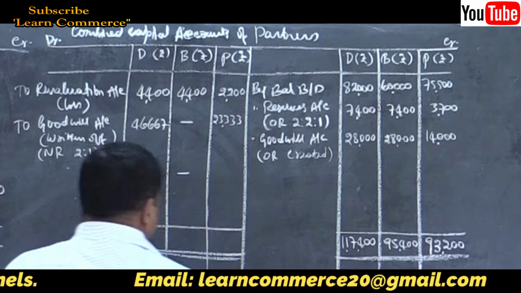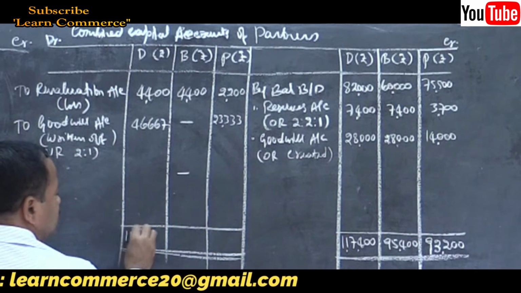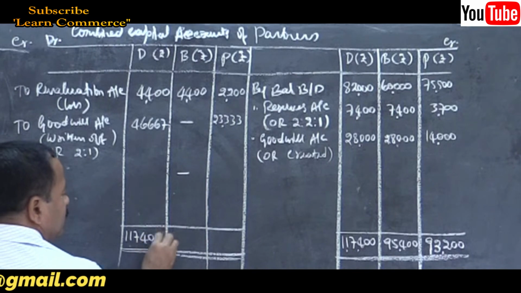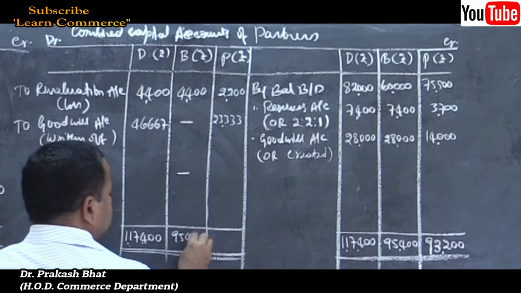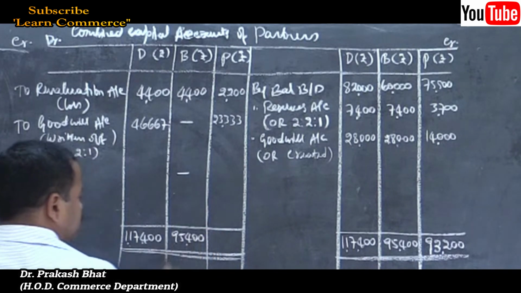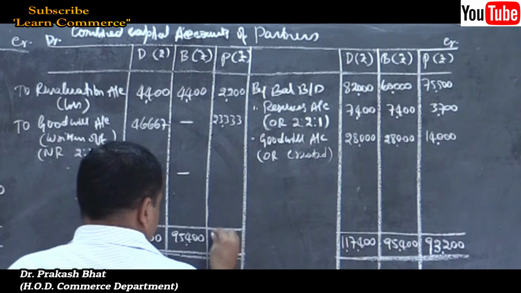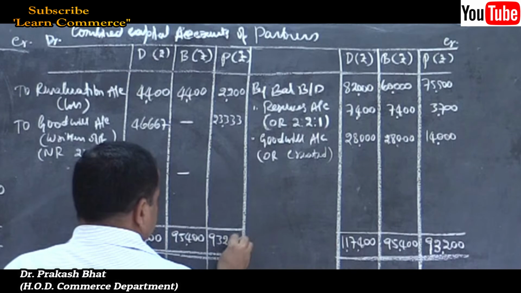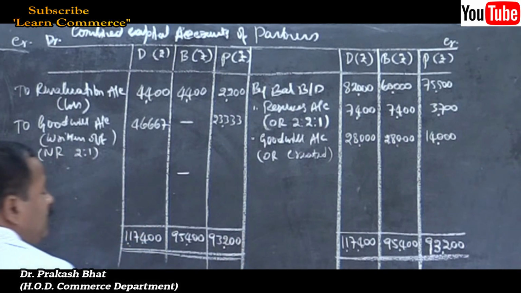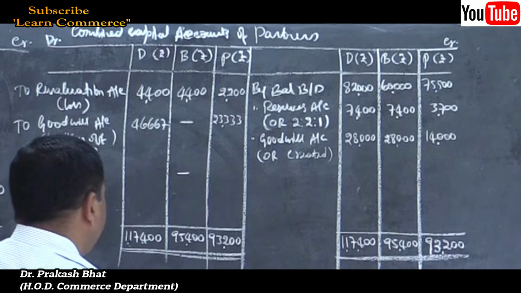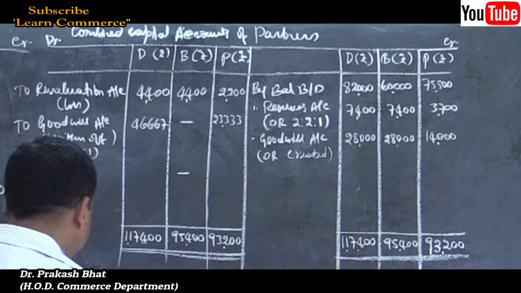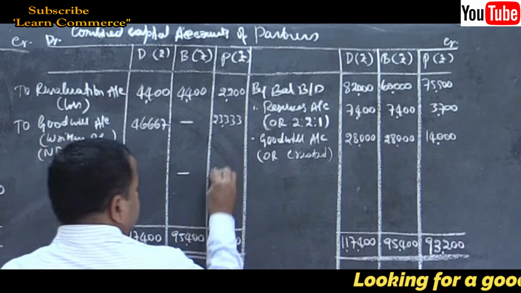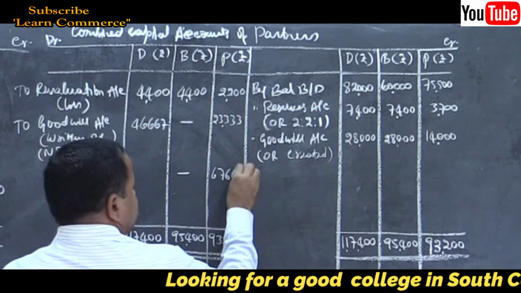Write the same totals on the other side: 1,17,400, 95,400, and 93,200. Now find the difference. Parakram 67,667.